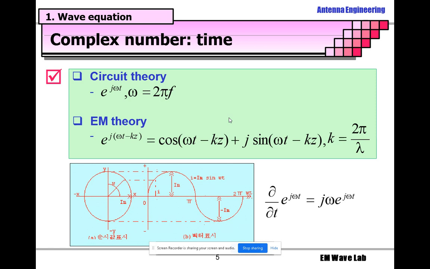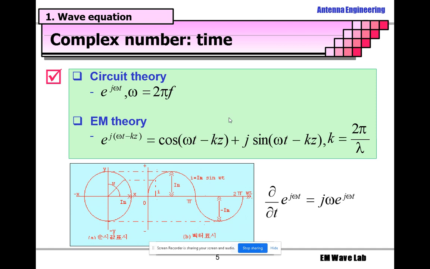And then in EM theory, e power j omega t minus k z. Circuit theory will use omega t alone, but here it is omega t minus k z. In circuit theory you will use only omega t, but in EM theory you will use omega t minus k z. Wherever you are using omega t, you will replace that value.